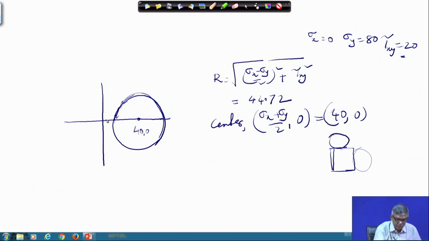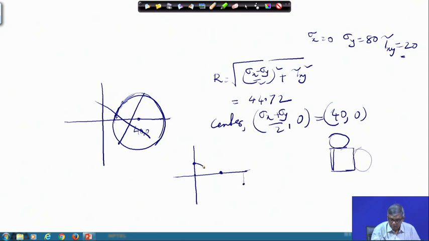So this circle is not drawn properly, so better I draw it once again; this is not correct. So, 0 and 20 suppose here, and the circle center is somewhere here, and this point is somewhere here.